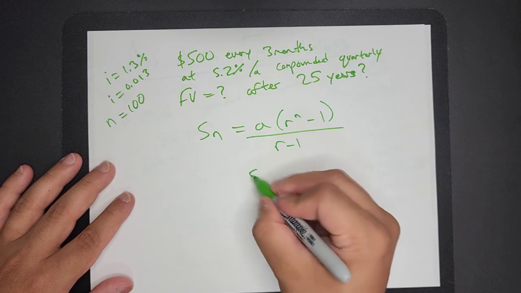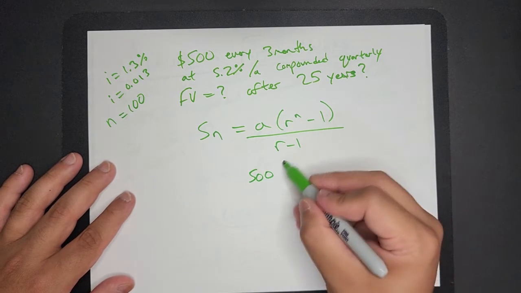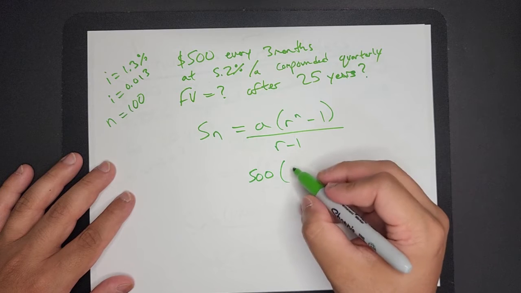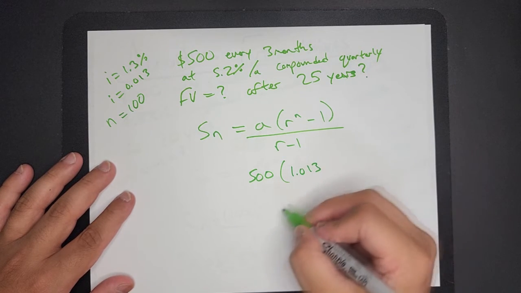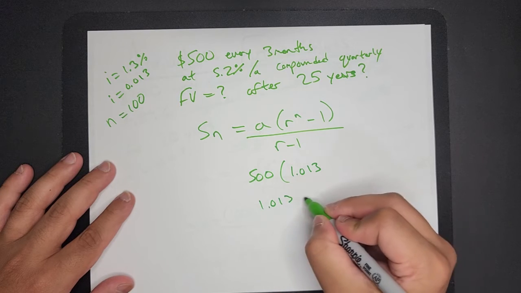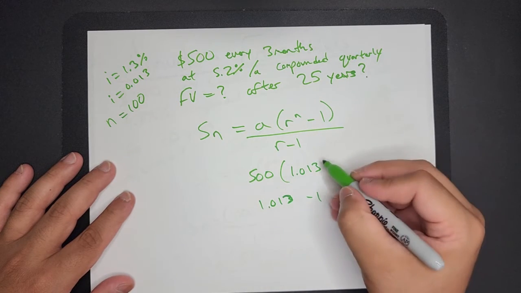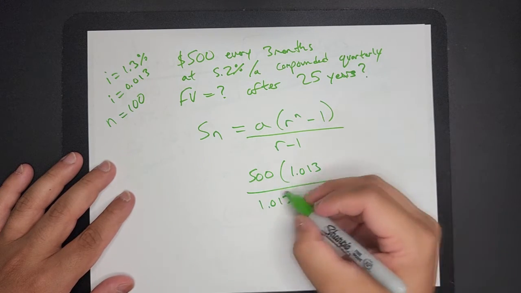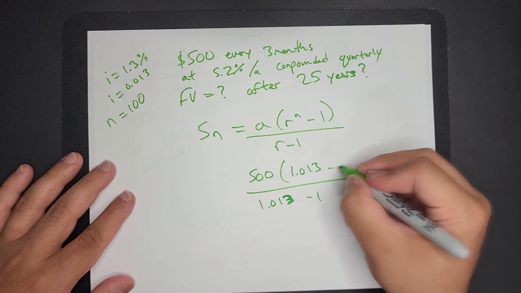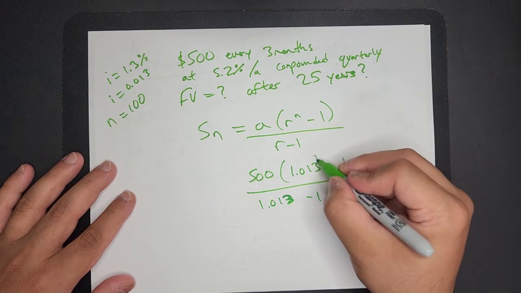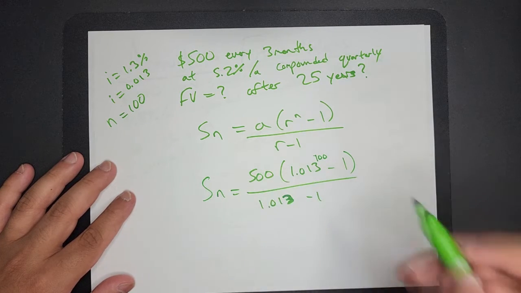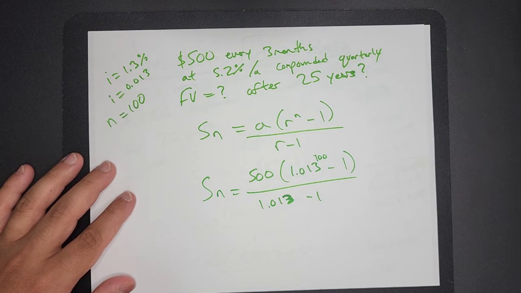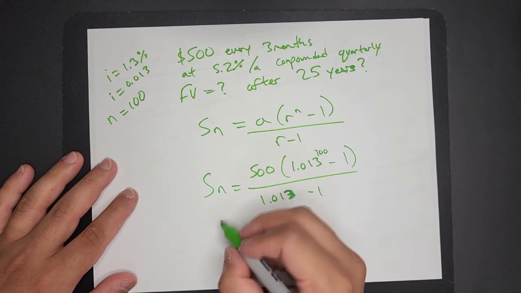Where we have $500 and our interest rate at 1.013. Yep, that looks about right.